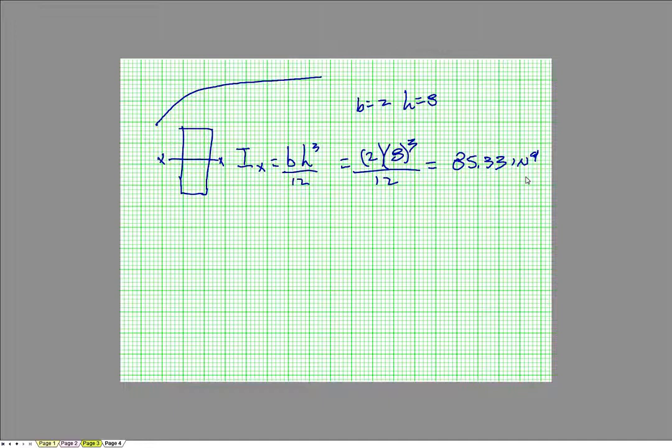So we're not going to break all of these little areas up into their individual components. We are going to use the equations that are provided on the back cover of the book. Makes it a whole lot easier. You've got a circle, you just look up the equation. You've got a half circle, you look up the equation.